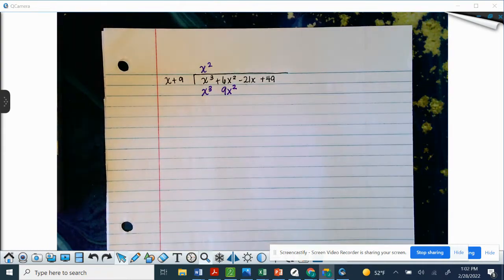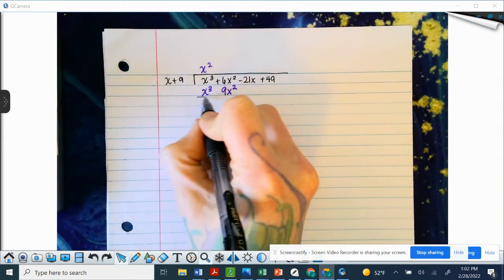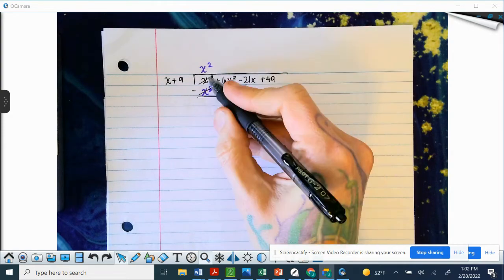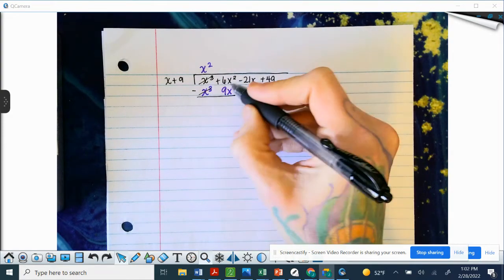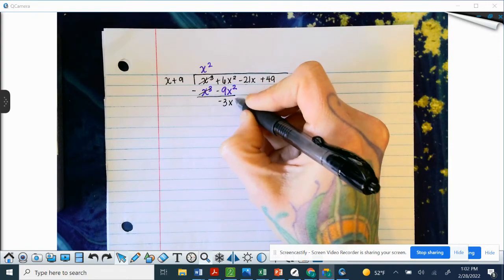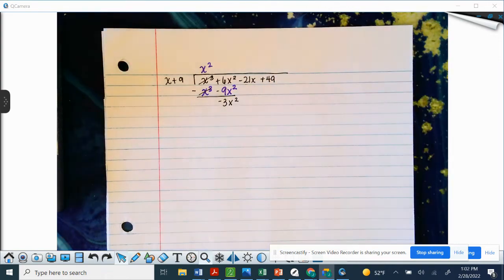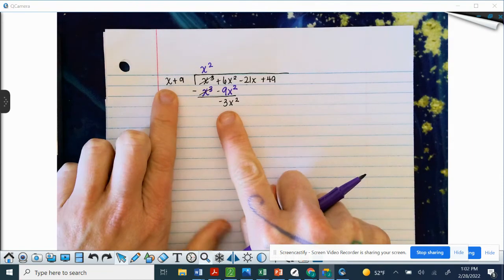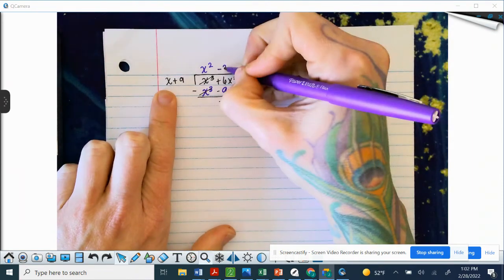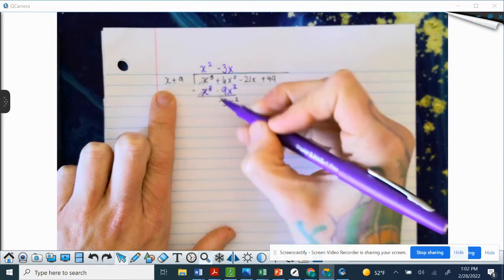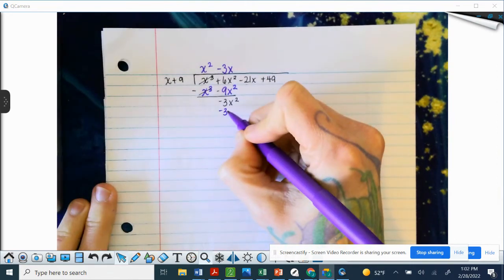Then you're going to work straight down just like old school long division, and we're going to subtract. So these guys cancel out, which is a good sign because you're trying to get rid of things. And then 6 minus 9 is a negative 3x squared. We're then going to look and see what did I multiply x by to get a negative 3x squared. And that's going to be a negative 3 and an x. Because negative 3 times x gives me that 3x squared. So negative 3x squared.